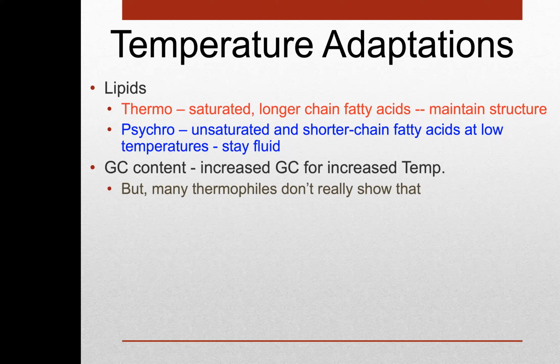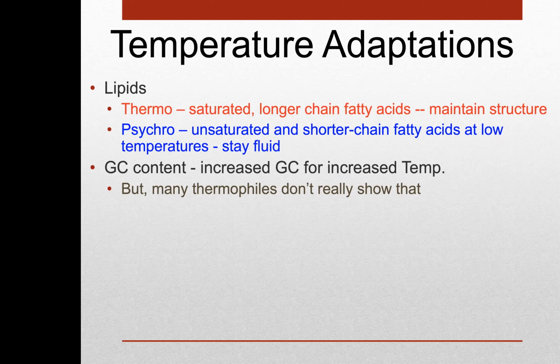And why does it make sense that you would have more G's and C's at higher temperatures? Who remembers their biochemistry here? What is it about those G's and C's in terms of their bonding that differs from A's and T's? Is it hydrogen bonds? Hydrogen bonds. And how many bonds do they have? 3.